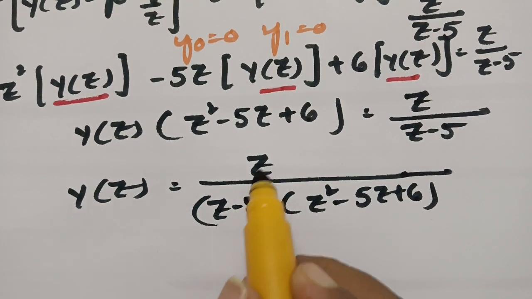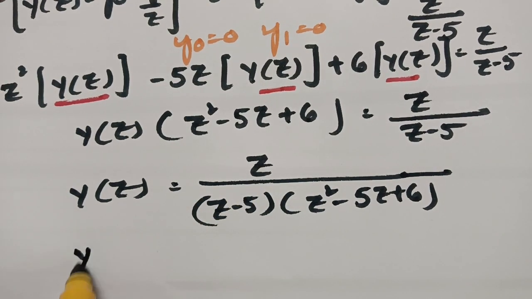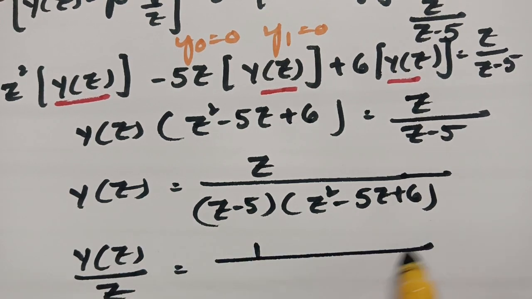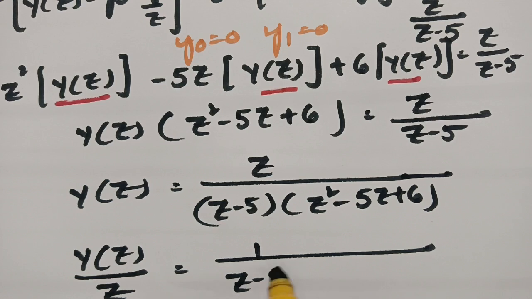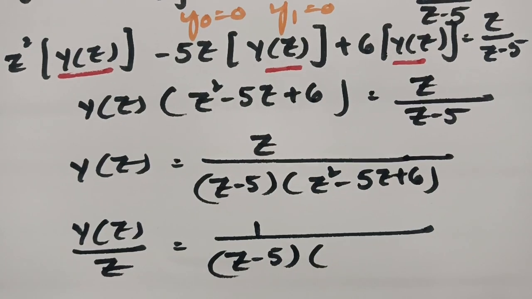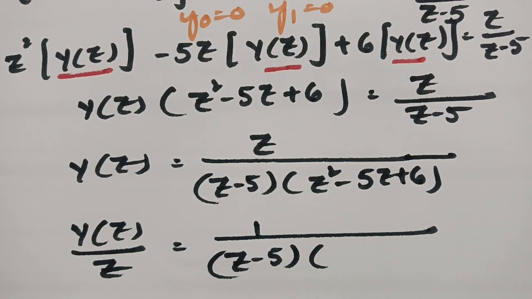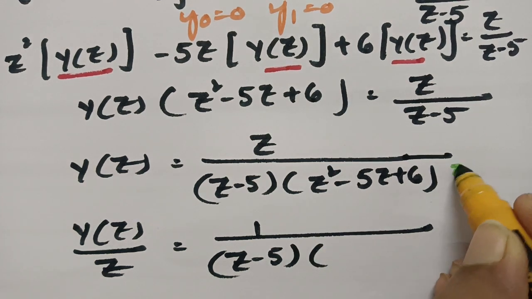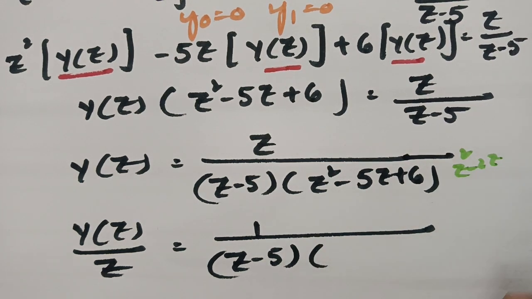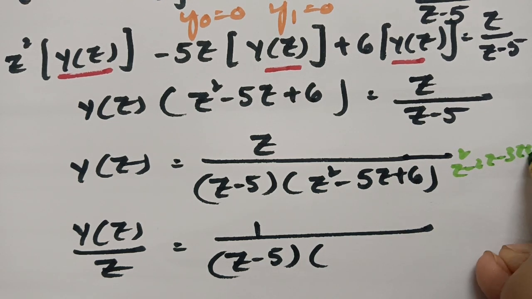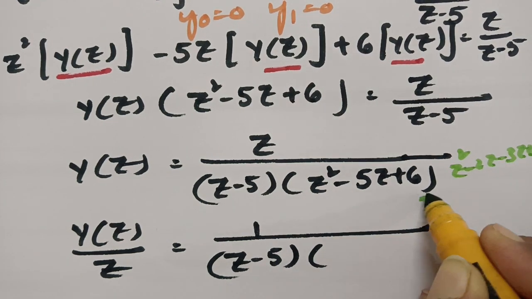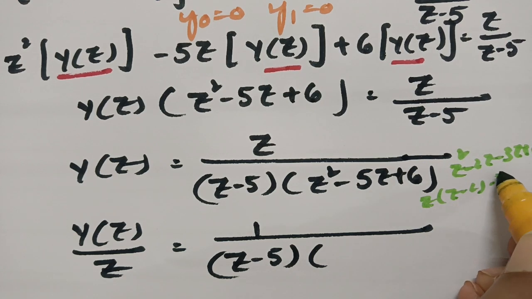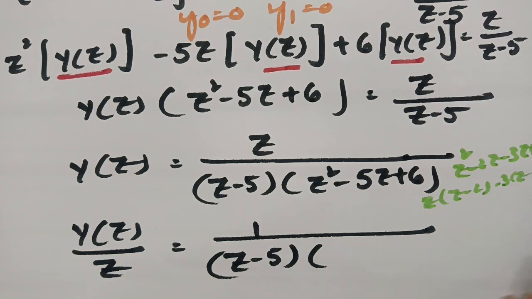If I send this z to the other side, Y(z)/z is equal to 1/((z minus 5) times (z squared minus 5z plus 6)). Splitting into factors, z squared minus 2z minus 3z plus 6: if I take z common, this is z minus 2, and if I take 3 common, this is also z minus 2.